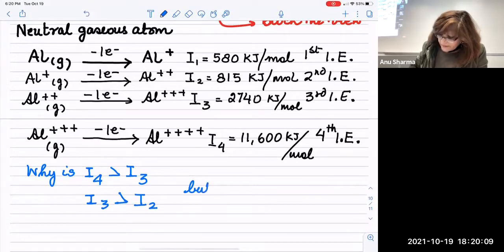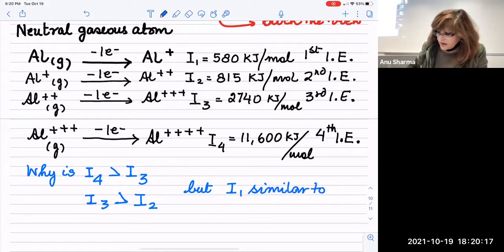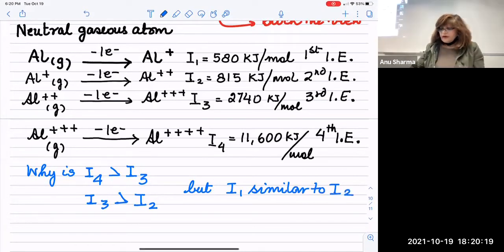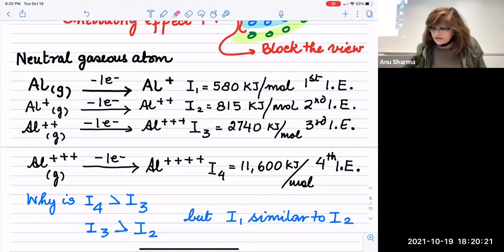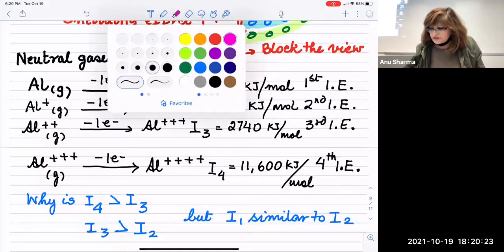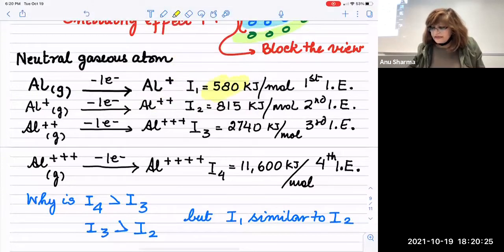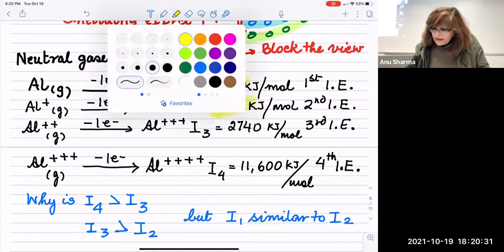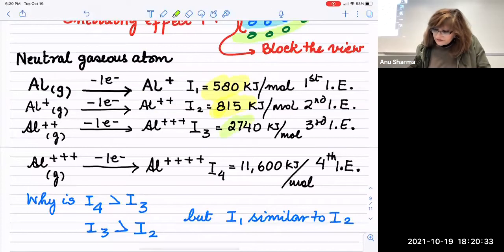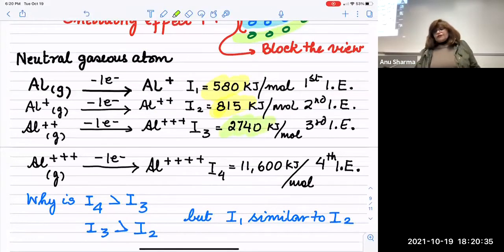But I1 is similar to I2. If you look at it, more or less similar, just so this is still in that range. This is 580, almost like 600. This is 800, it's a little bit still in that range. But if you look at the difference between the third and the fourth, that is a lot.